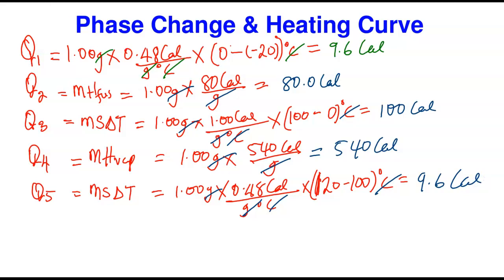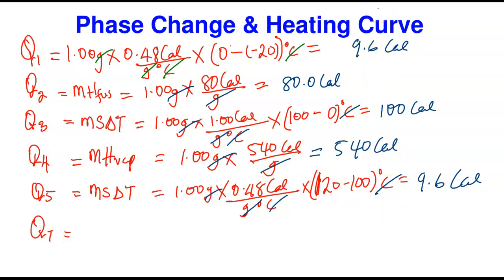Now, I'm going to write this one with the color I use for the others too, so that it doesn't confuse you. So this is still going to be 9.6 calories. So the total amount of heat needed to convert this will be the summation of all this heat. If I go back to my red, Q total is going to be adding everything here together.